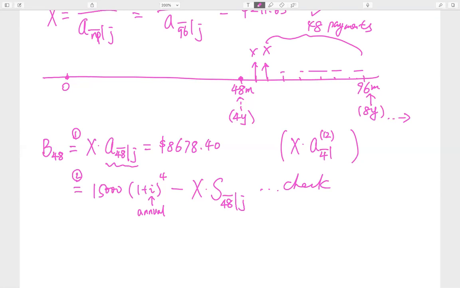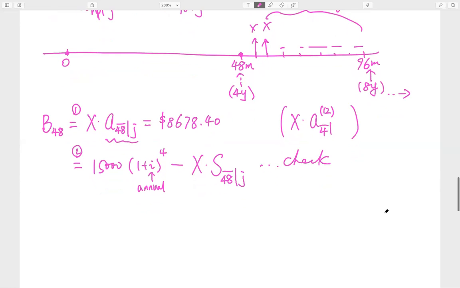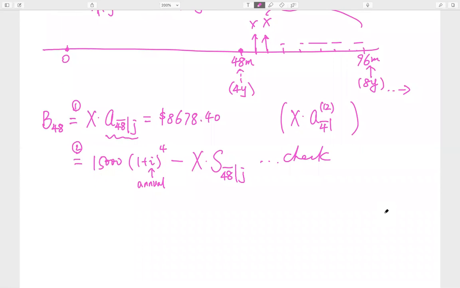The interest and principal repaid in the 49th payment. So whenever you want to know the 49th, you go 1 period ahead because we need to know the previous balance. That's why we study 48.